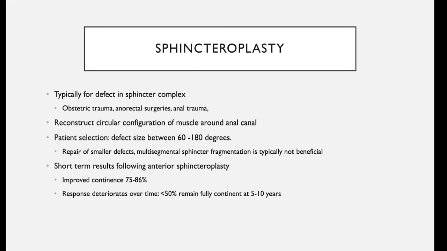So if it's larger than that, typically this isn't performed. Short-term results following anterior sphincteroplasty are pretty good with improved continence, about 75 to 86%. But the problem is this response really deteriorates over time, with less than 50% of patients remaining continent at 5 to 10 years.